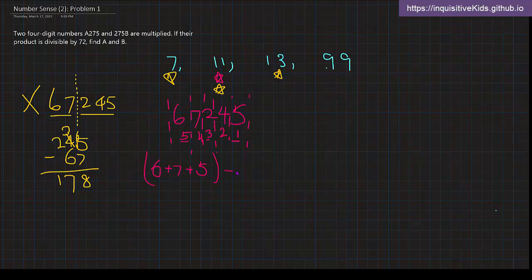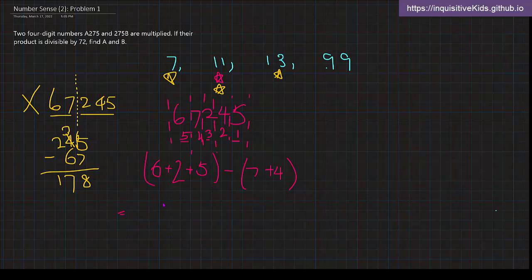Then we're going to subtract the digits in the even place values from that. Sorry, I wrote 7 there, this is supposed to be 2, sorry. Now we add the 7 and the 4 because they are the digits that are in the even place values, okay? Then we just see this difference here.